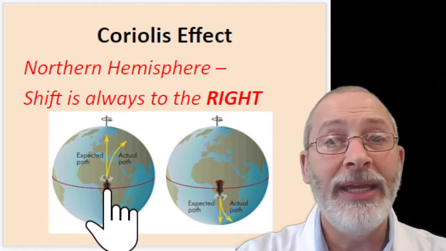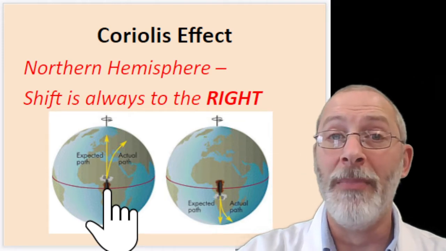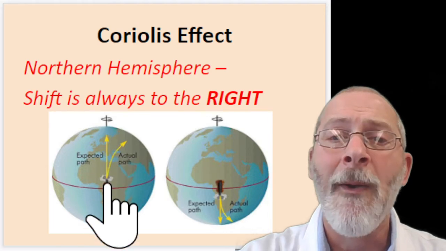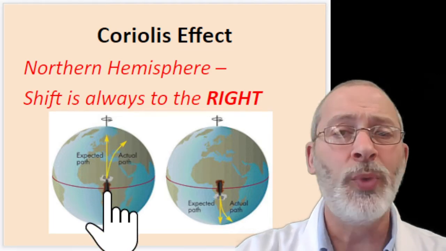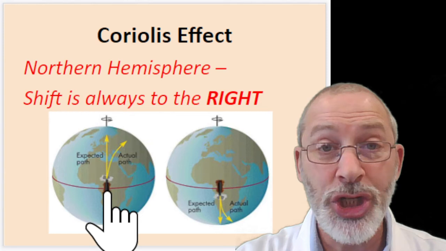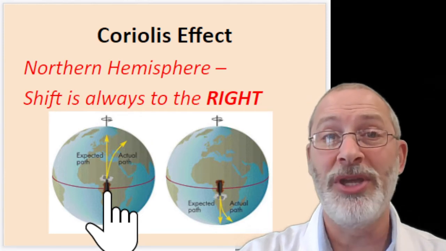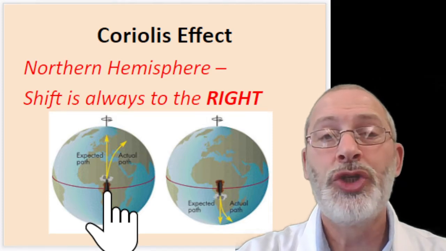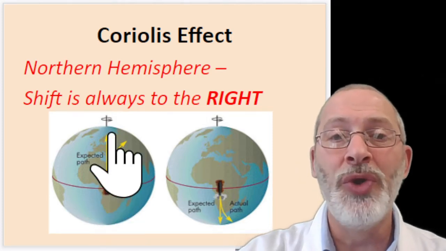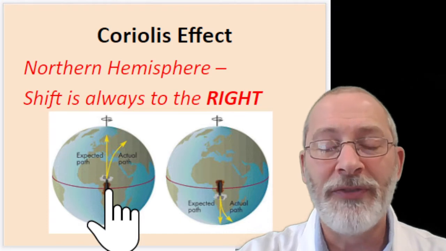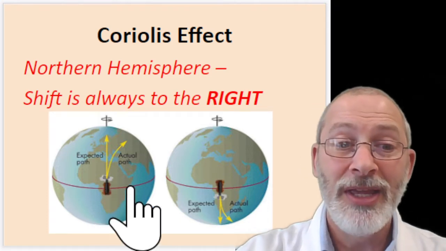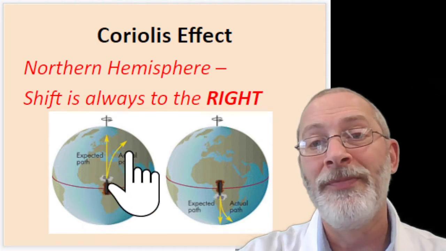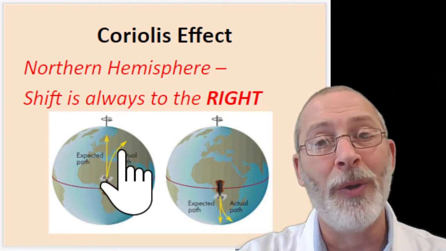If you were in an airplane, if you were off the surface of the Earth and you tried to travel in a straight line, you actually wouldn't go in a straight line. You would be shifted in the atmosphere, because in the atmosphere, there is a shift to the right when traveling north in the northern hemisphere, because you're going a lot faster around the equator than you are as you get closer to the pole.